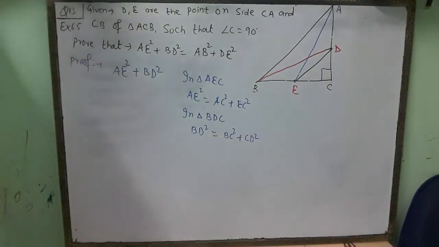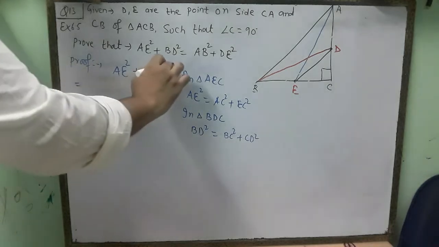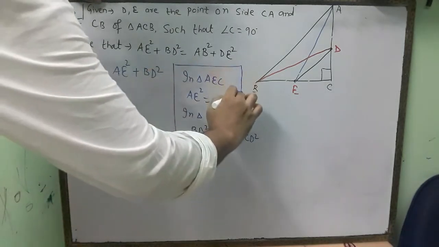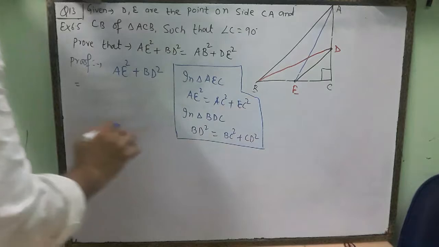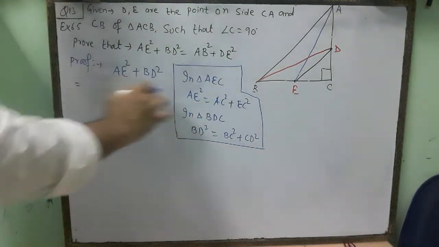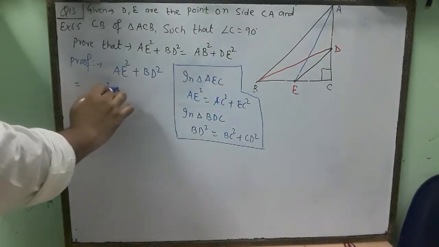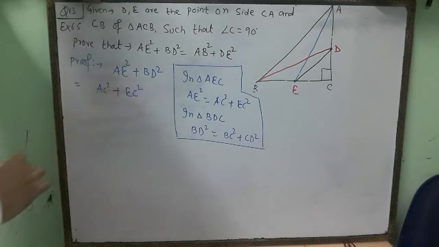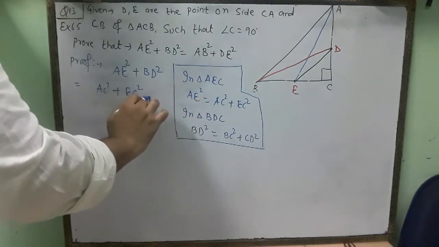So write the terms here. AE square can be written as AC square plus EC square by Pythagoras theorem, all are by PGT.